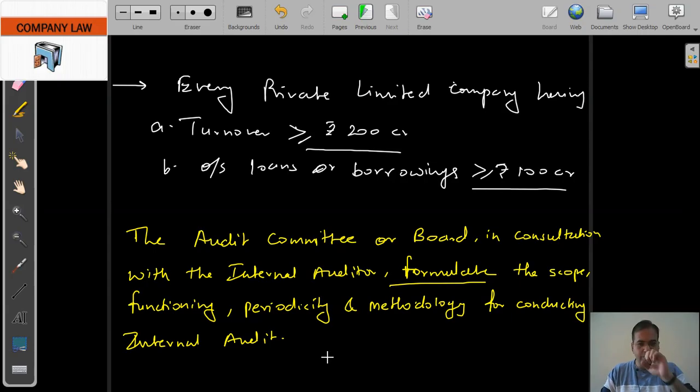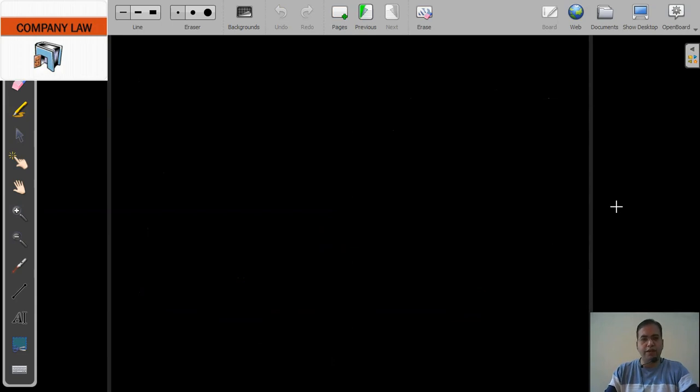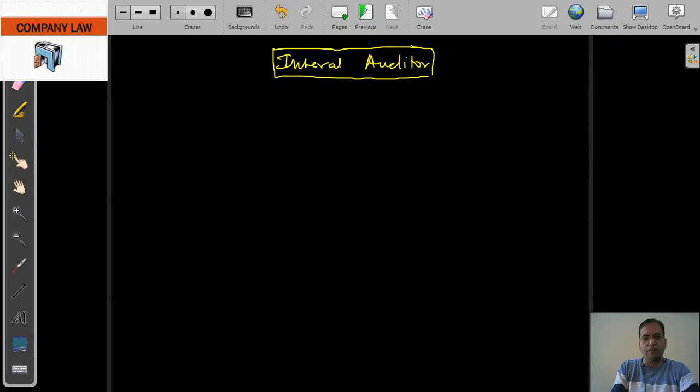So in a chart, we can mention what will be the role of the internal auditor. So if I have to mention in the chart, I can say internal auditor. Okay, so who can be the internal auditor?